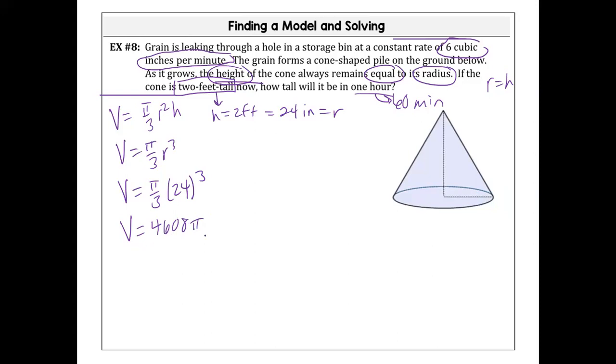Okay, so that's the current volume. Are we comfortable with the current volume? Yeah. Did you divide by 3? You did 24 to the third divided by 3? No, don't put pi in. I put my pi.